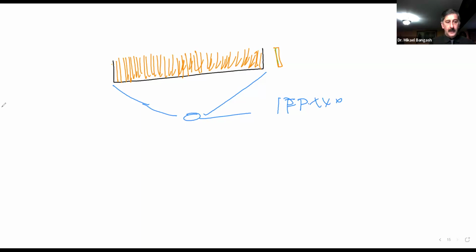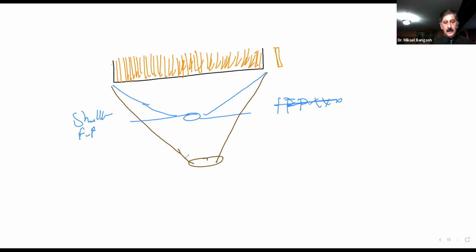Because what we were able to do with this transducer here is choose it to focus at, let's say, one point or another point. Where we can say this will be a shallow focal point. But we can also choose it to, pretty much at the same time, focus at a deep focal point.